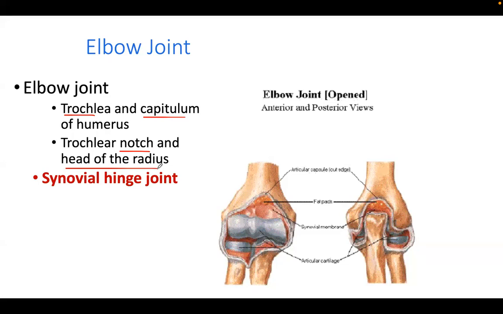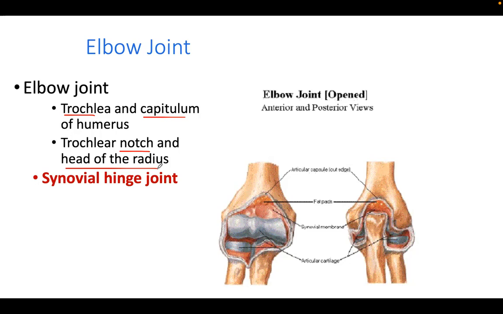Now, can you give me an example of a pivot joint? Yes, the radius and the ulna, the radioulnar joint is very much a pivot. Also the neck, correct, the atlantoaxial joint. Now, what about a gliding joint?